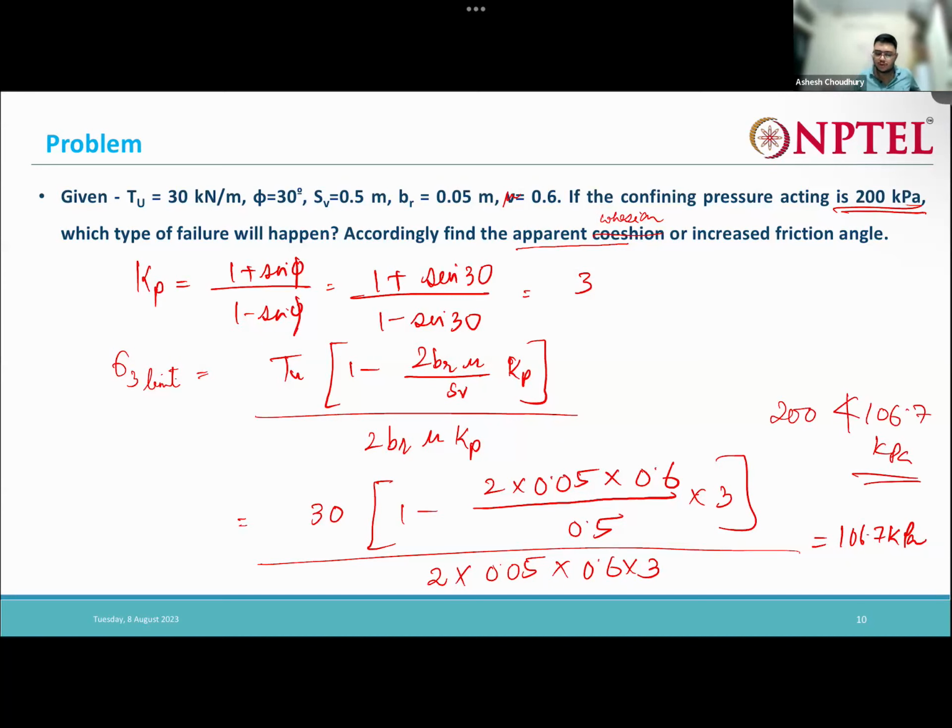So which mode of failure will occur? Which is the mode of failure that governs? It is the rupture failure, right? If the failure is by rupture, the apparent cohesion concept will govern.